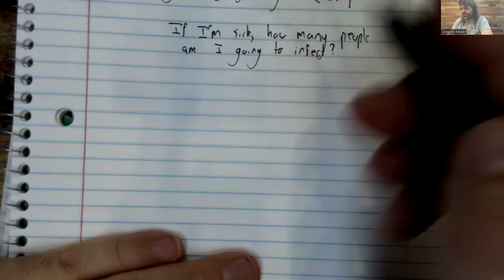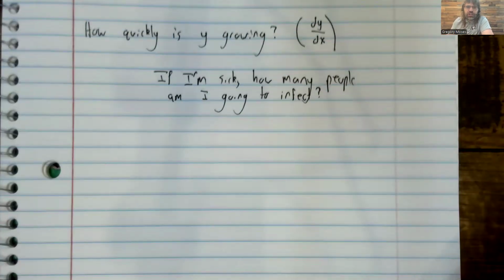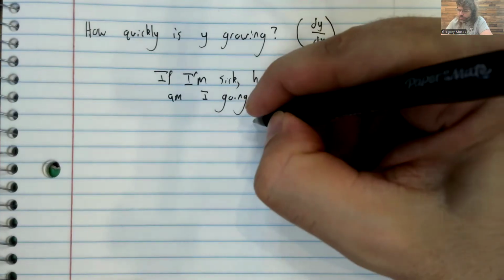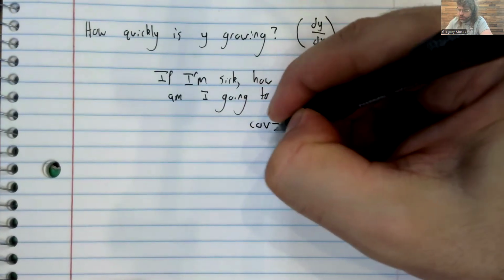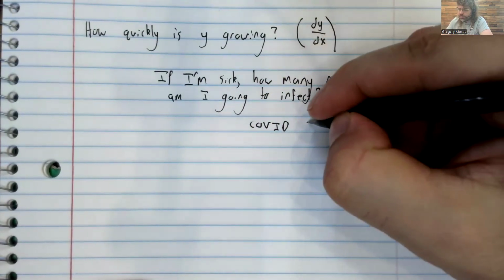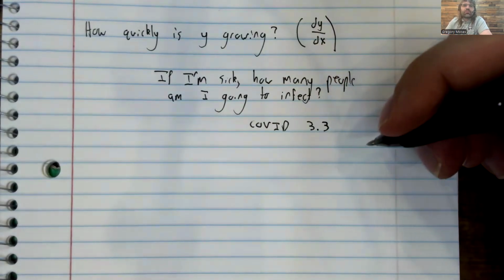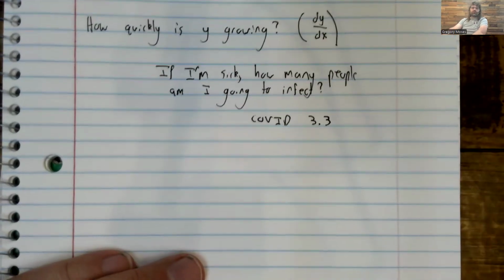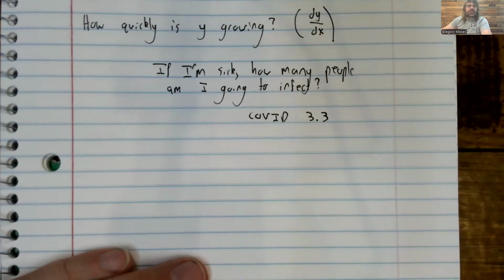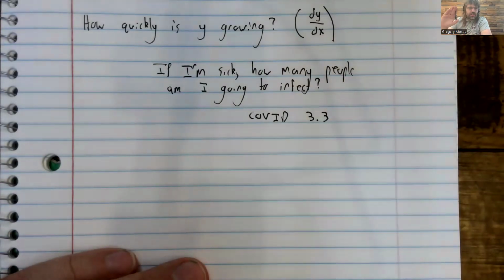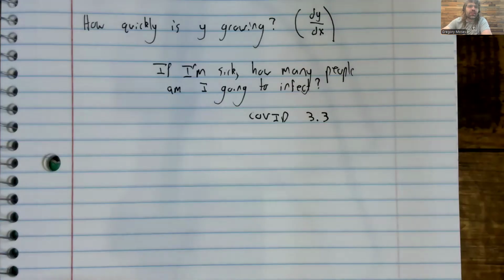So, because this is an average, it can be a decimal. For COVID, I believe it's about 3.3. And that's telling us something like this. Not exactly this, I'm simplifying a little, but it's telling us something like it.